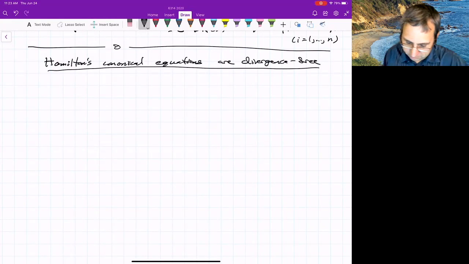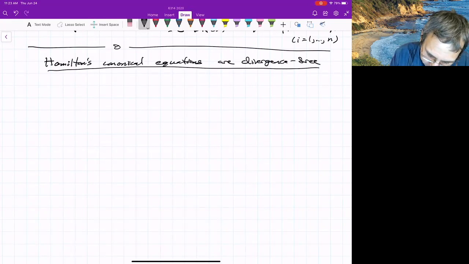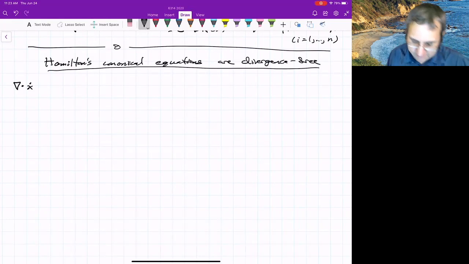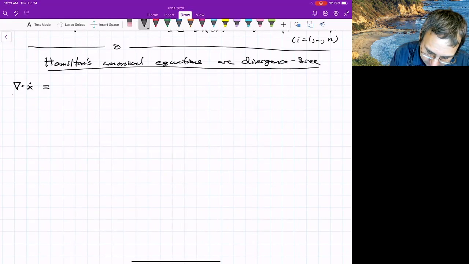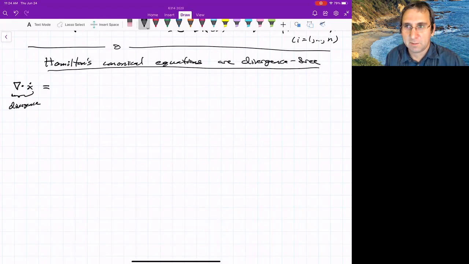What is, in terms of the way that we've written things, the divergence? I'll write it just in terms of the Q's, I think it's easiest that way. This is some scalar, the divergence of our ODEs.